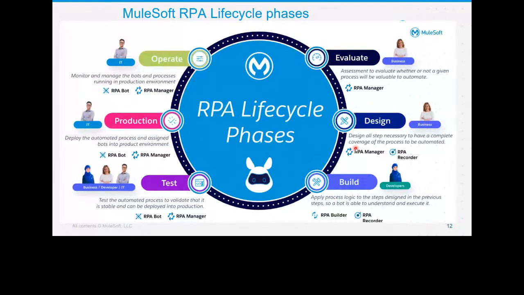Once you have built your RPA, the next step would be to test it. There's a team which does this actual testing, so a task is allocated to the testing team. When the build is completed, the RPA process moves into the next stage, the testing stage, and that task of testing gets allocated to the testing team.